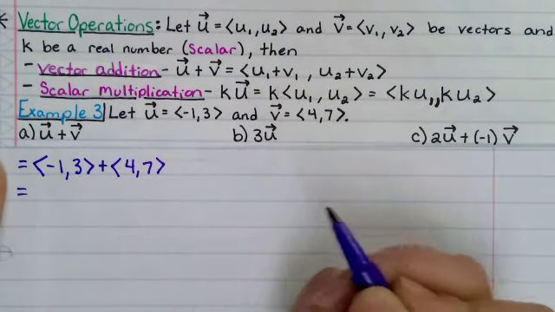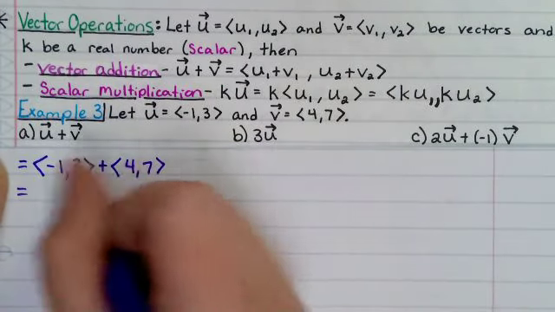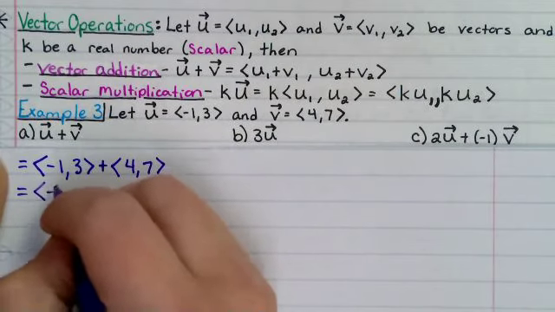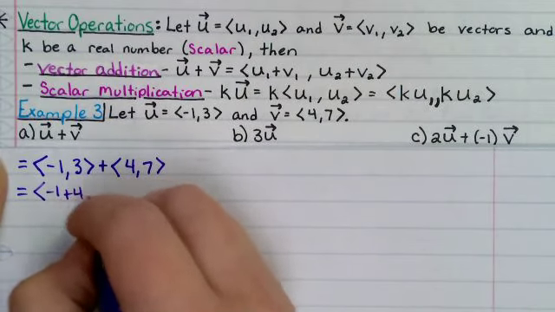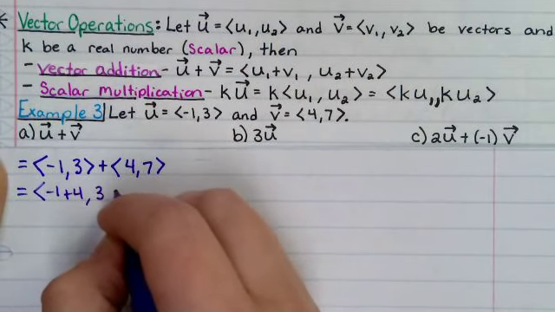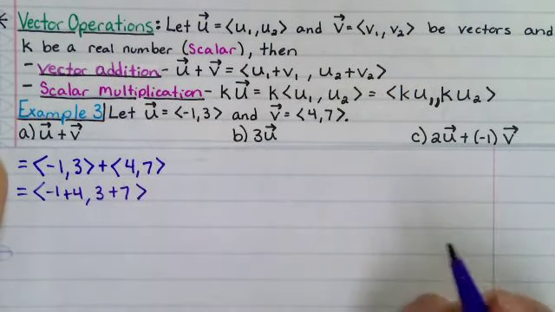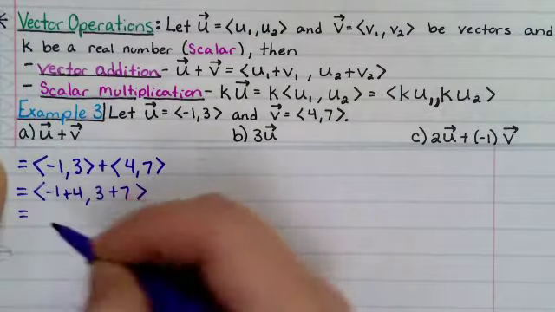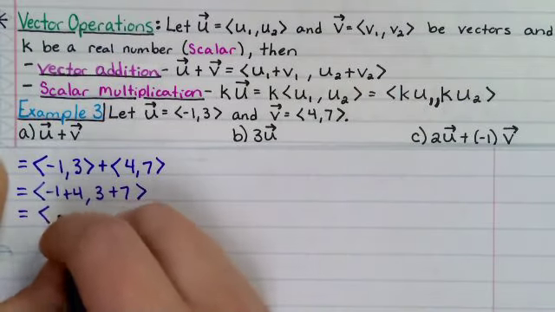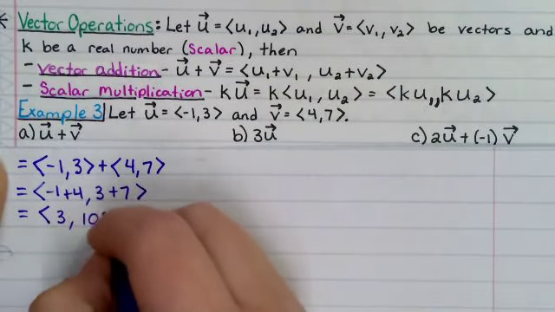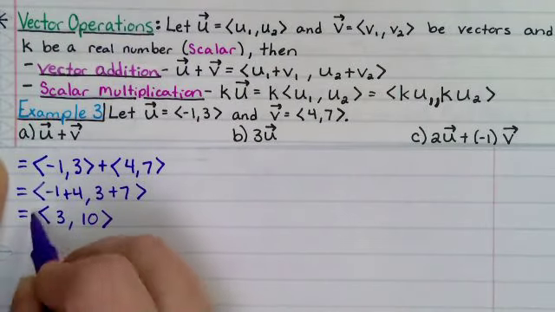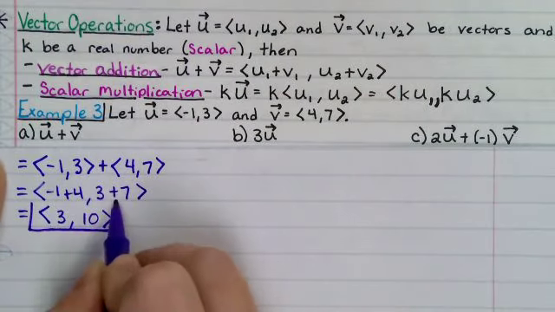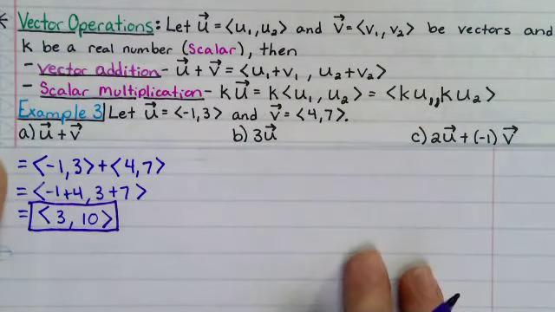The way that these get added again is combine their horizontal components. So we get -1 plus 4, and then 3 plus 7 for those vertical components. Combine these numbers, we get <3, 10>. That would be what u plus v would be.